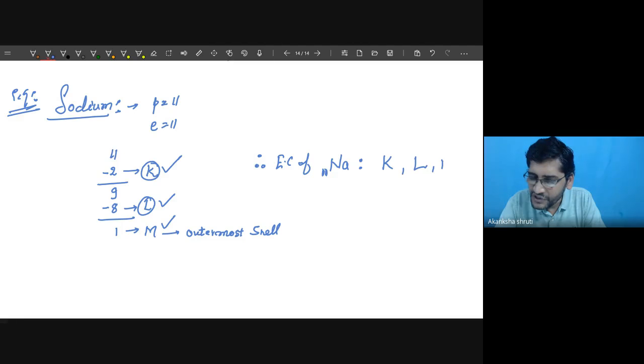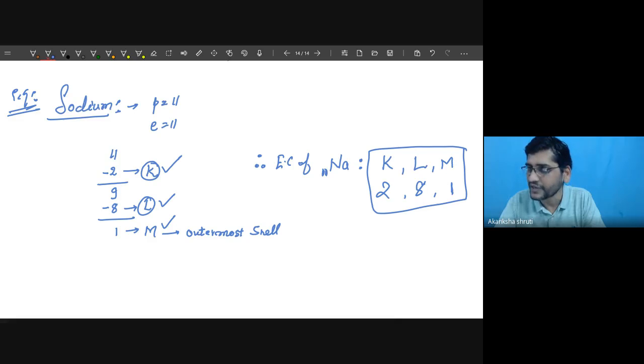So we put 2 below K, then 8 below L, with a comma, and whatever is left, 1, below M. So first you write K, L, M, and below that you write 2, 8, 1. It is the first example I have taken.